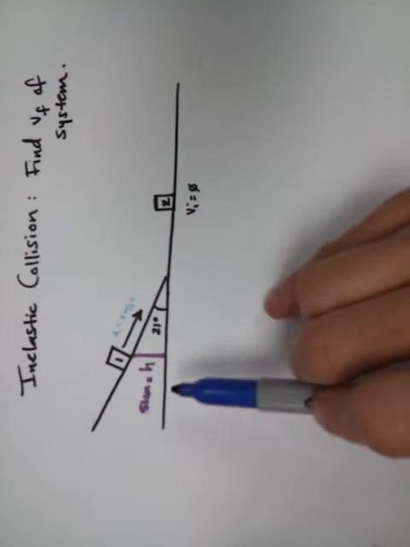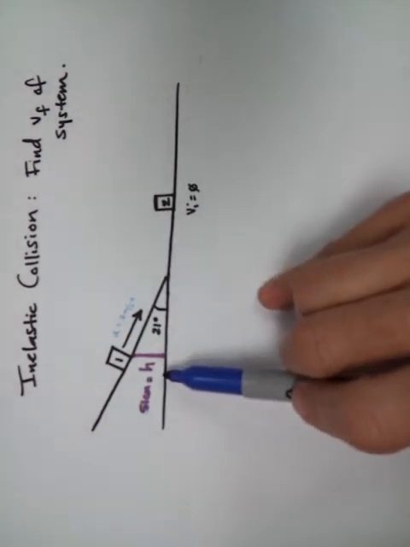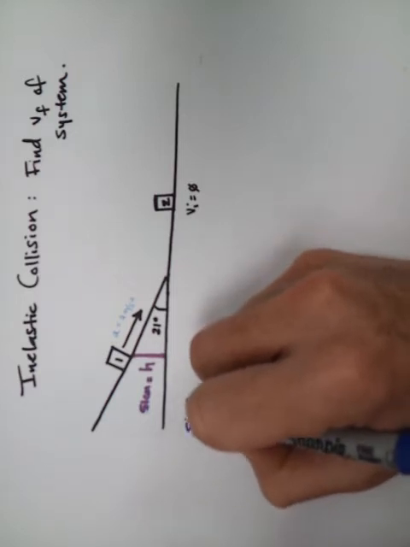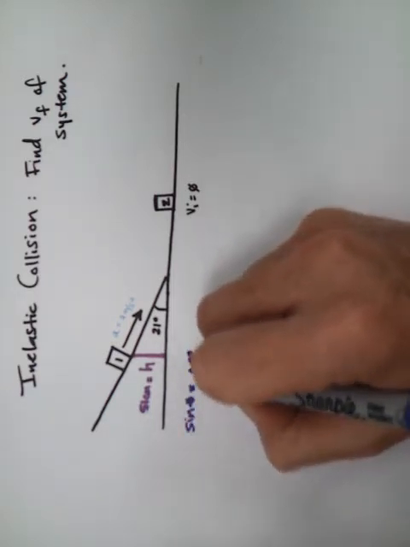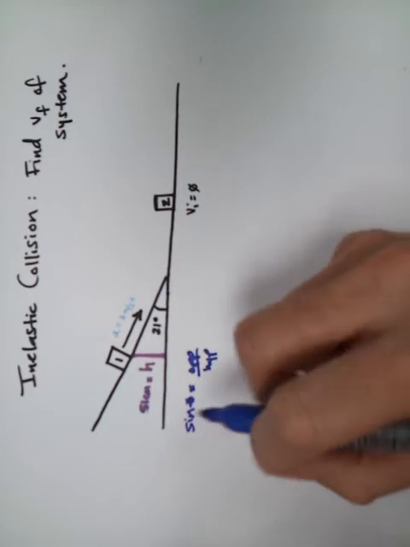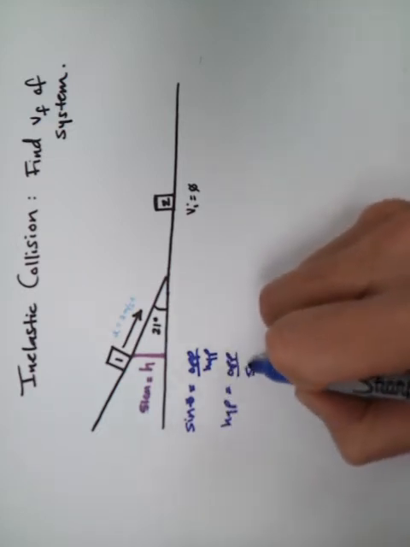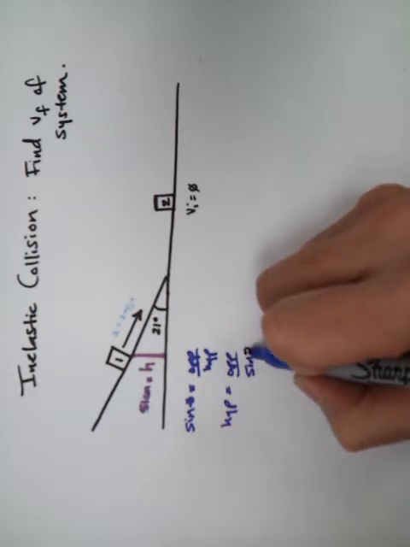So we're going to look at sine of this angle to find all the information. So we can say sine theta equals opposite over hypotenuse. So the hypotenuse is equal to opposite over sine 21.